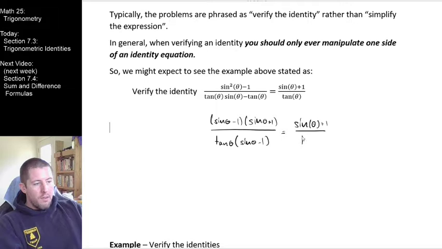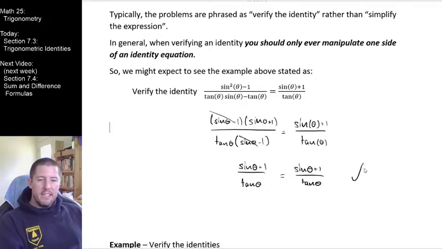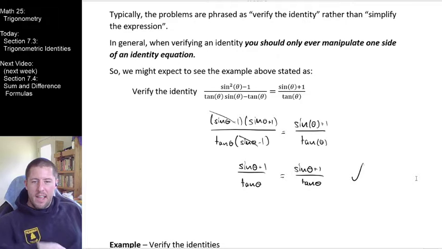It's just going along for the ride. Now I can see I cancel, and I am left with sine of theta plus 1 in the numerator over tangent theta being equal to sine of theta plus 1 in the numerator over tangent theta. And now I give myself my satisfactory little check mark right there saying, I did it. I verified the identity right there, right?